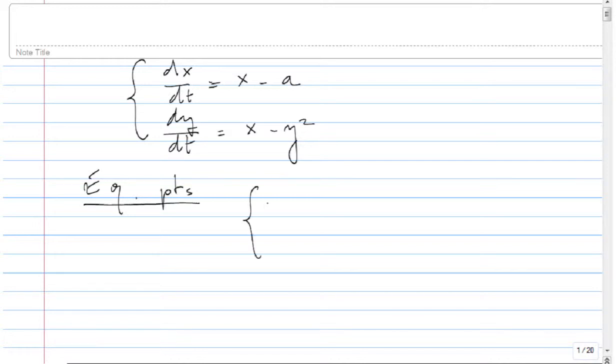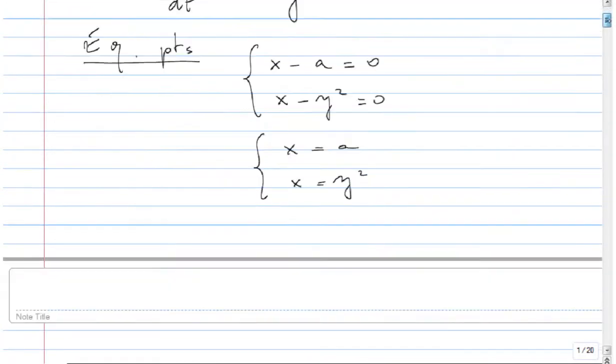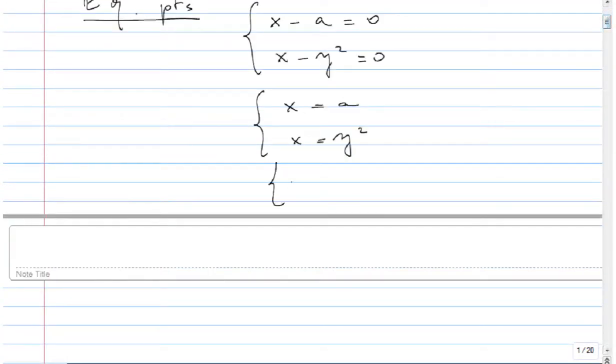We have to solve x minus a equals 0 and x minus y squared equals 0. Of course this gives me x equals a and x equals y squared, which implies that x equals a and y squared equals a.